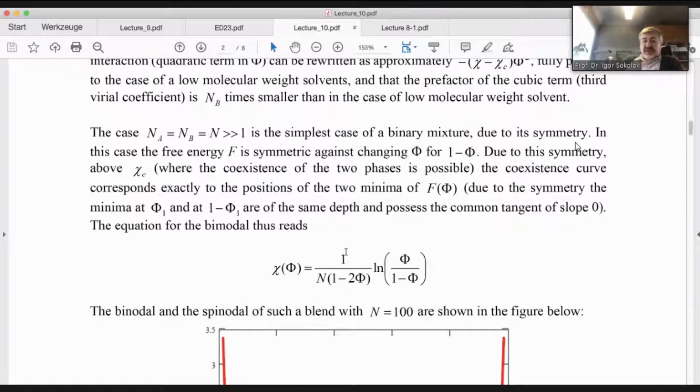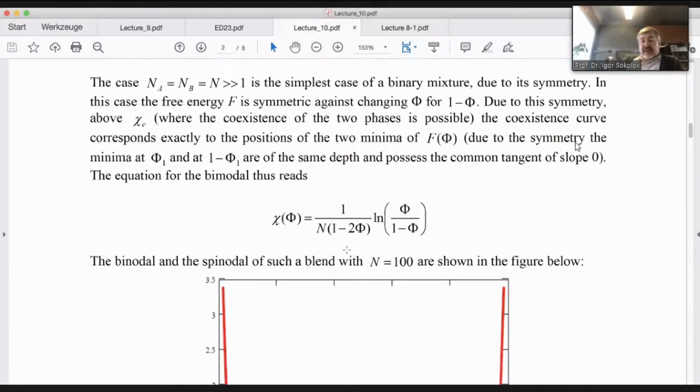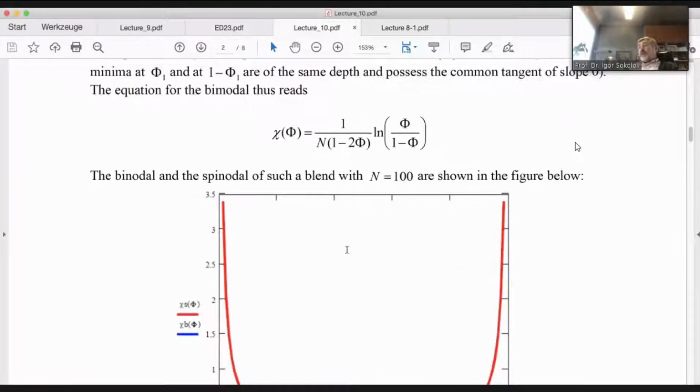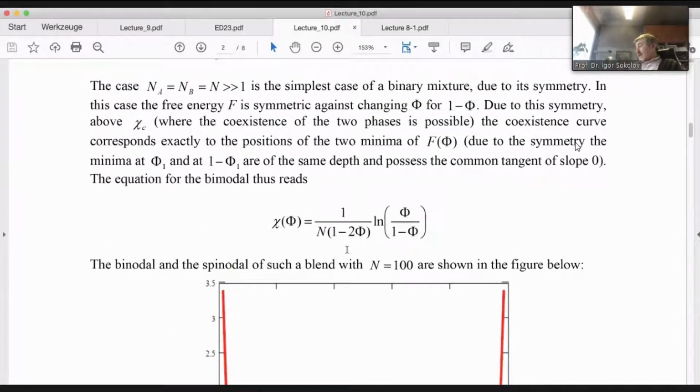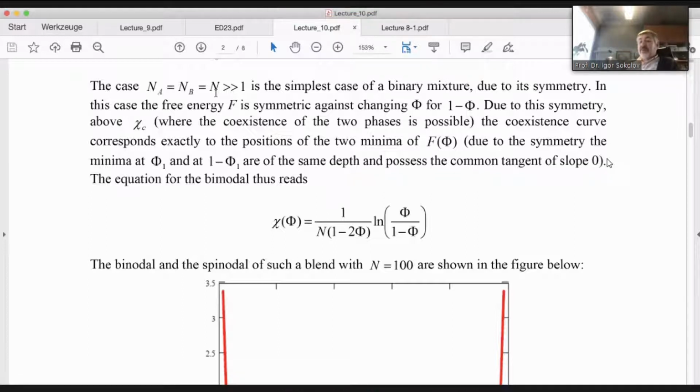You will get the corresponding homework, and there is another thing which you will get as a homework, which is the following. The case of a symmetric blend with the same molecular weight of both components, which is however large, is essentially parallel to the binary alloy, where it is the same, but n is equal to unity.